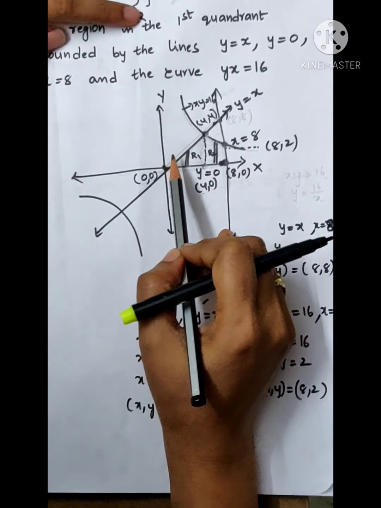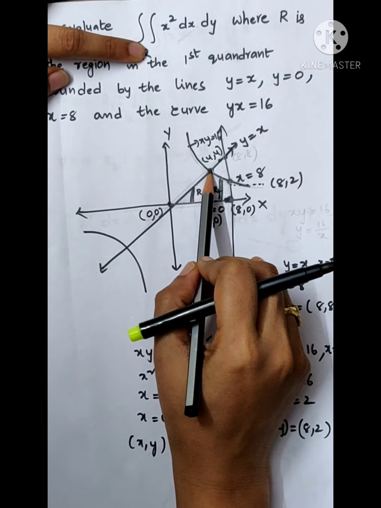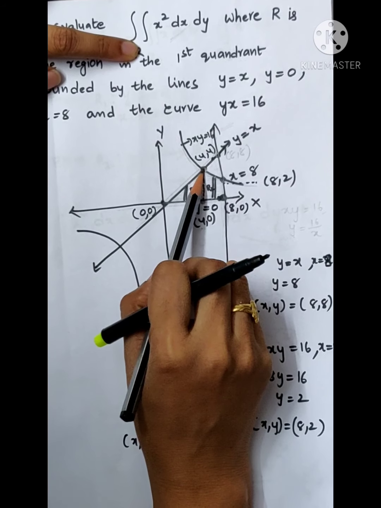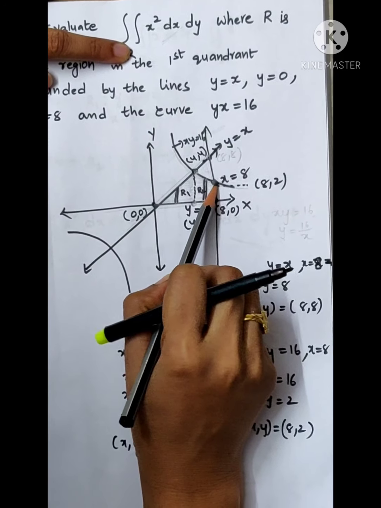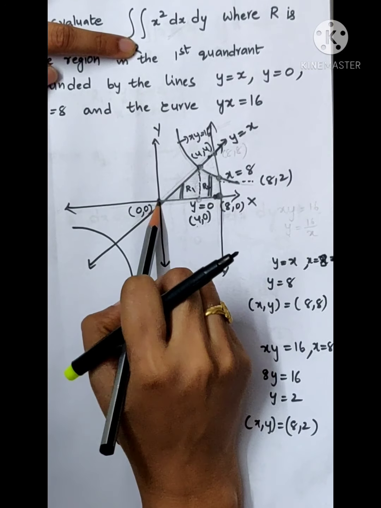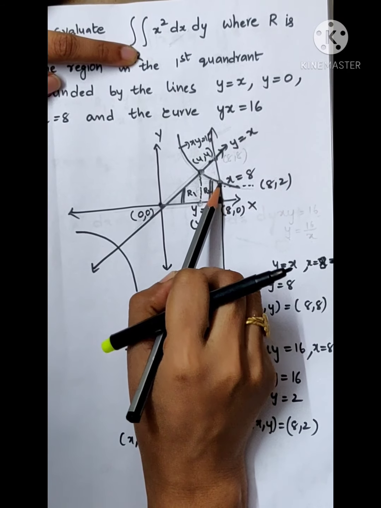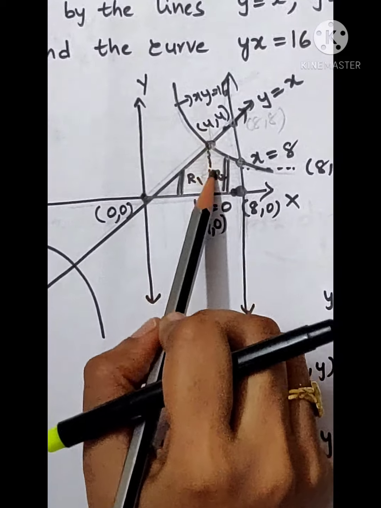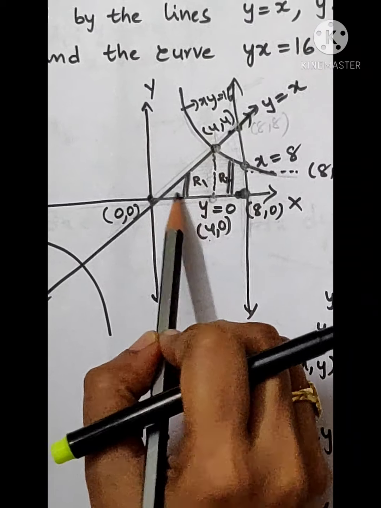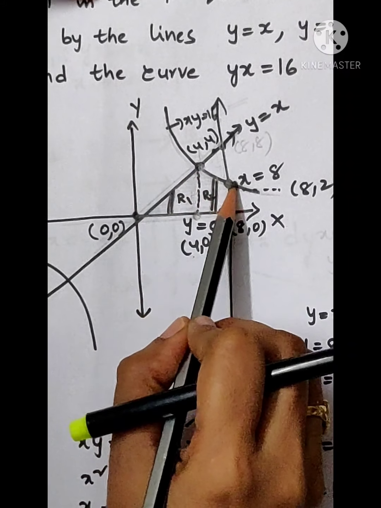So here from the problem we identified the region of integration. The boundary points we got are (4, 4), this point (8, 2), (8, 0) and (0, 0). Actually over the region of integration it is enough if we take one vertical strip, but because of this intersecting point, the boundary of the region involves different curves.